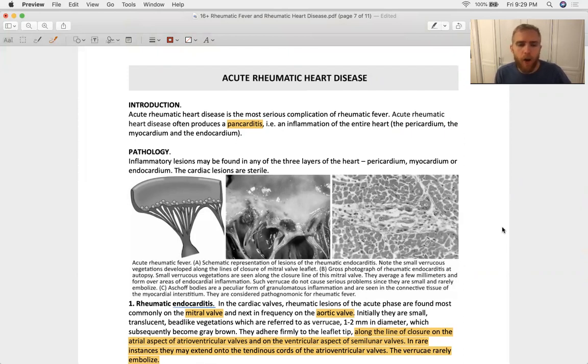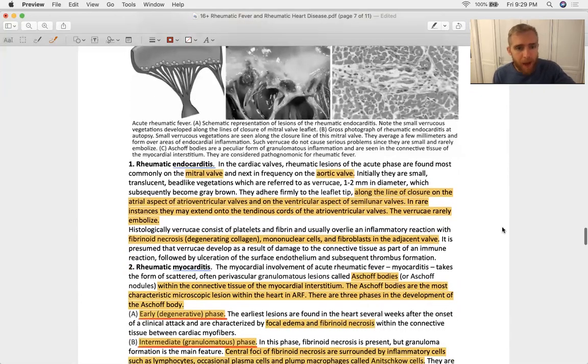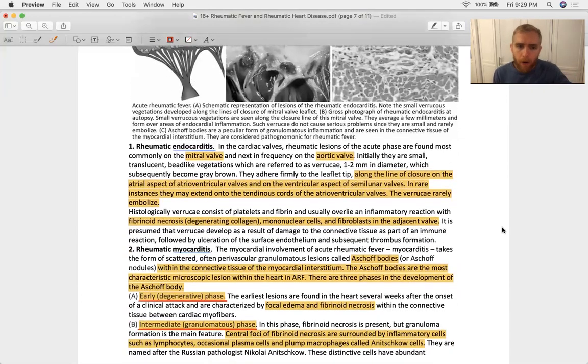So when the autoantibodies first kick in, when the molecular mimicry first kicks in, you very commonly get a pancarditis or some sort of carditis, which is inflammation of the heart. It can be an endocarditis, it can be a myocarditis, it can involve the pericardium, which we know is continuous with the epicardium.